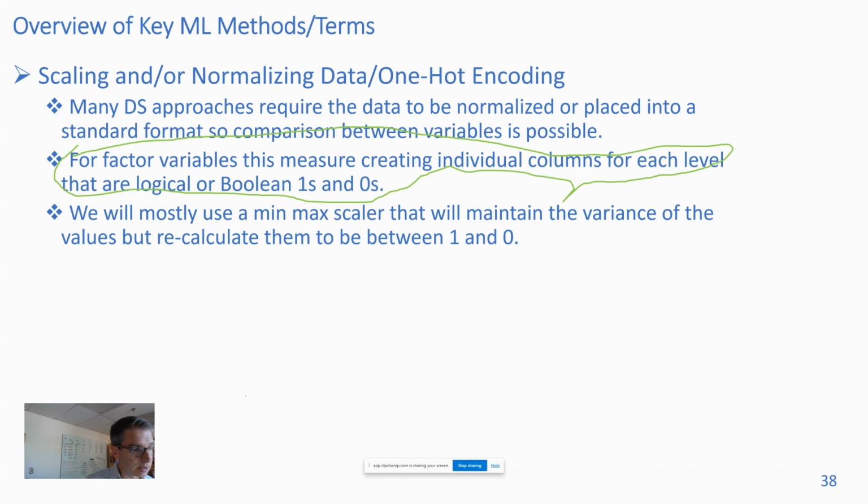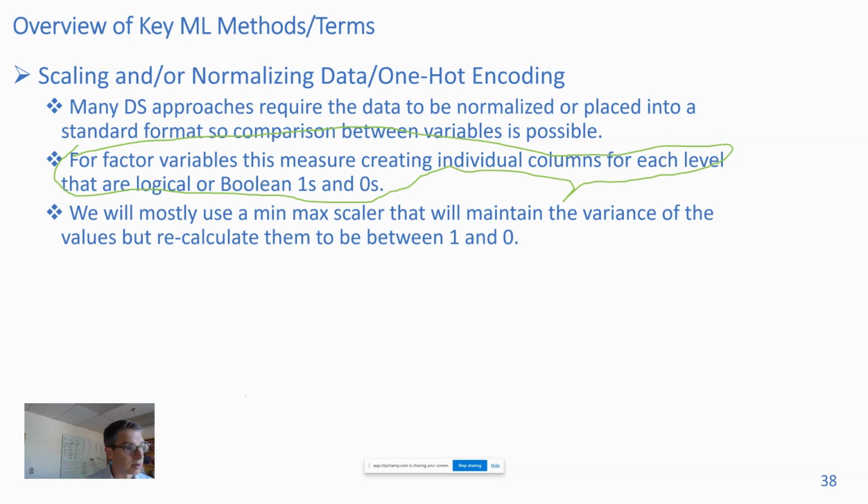Instead of having them nested in one column, we would split those out, where a 0 would be present if that particular row was not an orange. If it was a red, then there might be a 1 underneath red, and a 0 underneath the others.